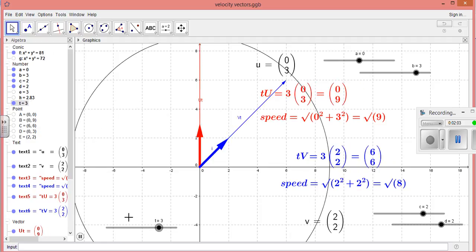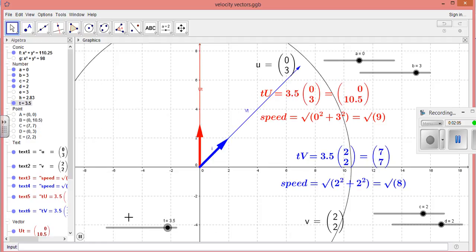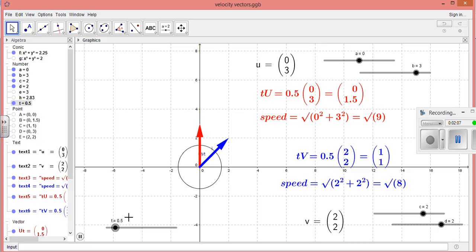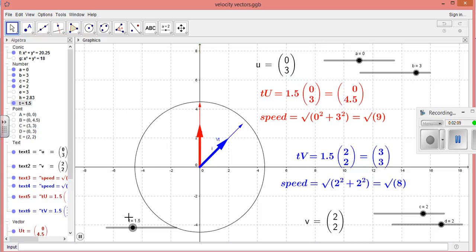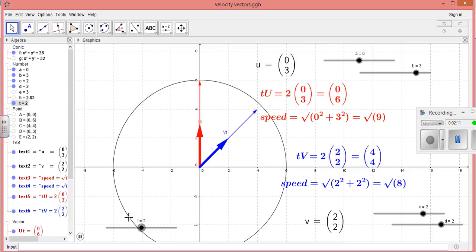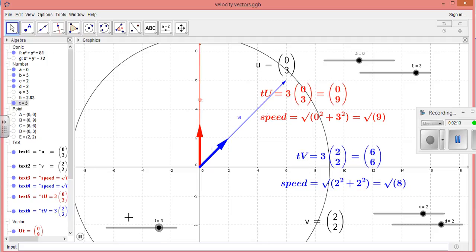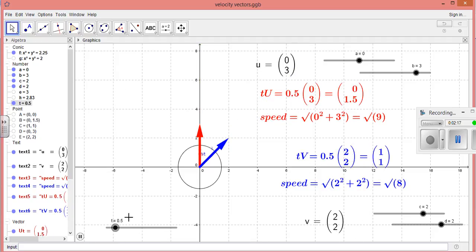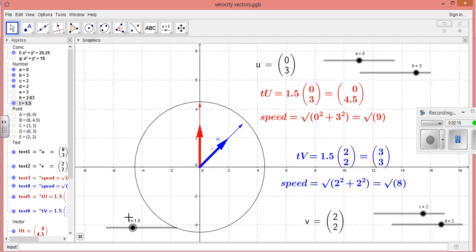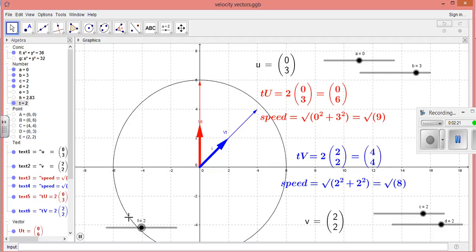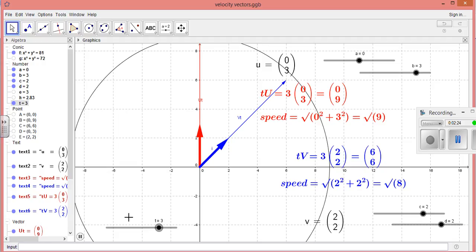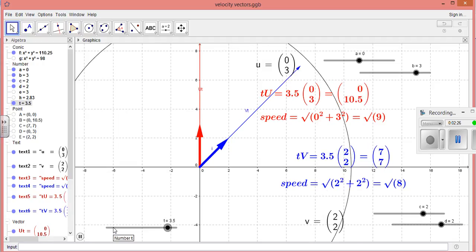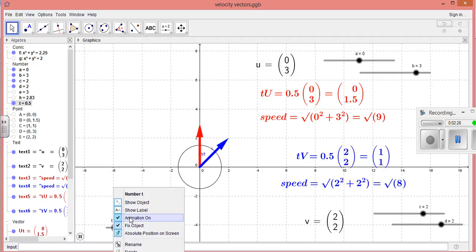You can see the speeds are pretty similar, but in fact the red particle is moving fastest simply because the magnitude of the red velocity vector is the square root of 9, and that's greater than the square root of 8. So every unit of time it travels further, and that's what we mean by going faster.